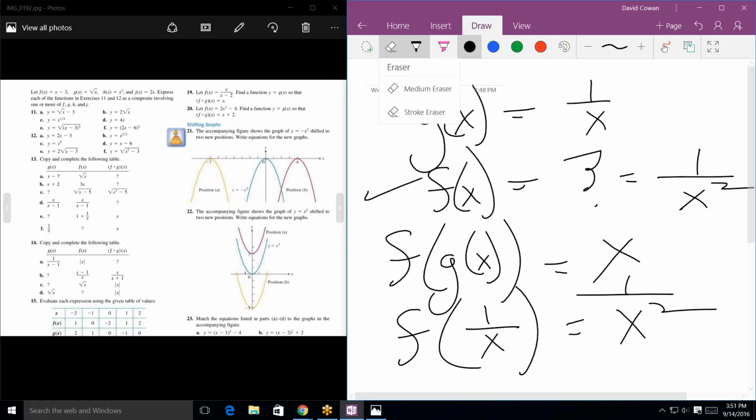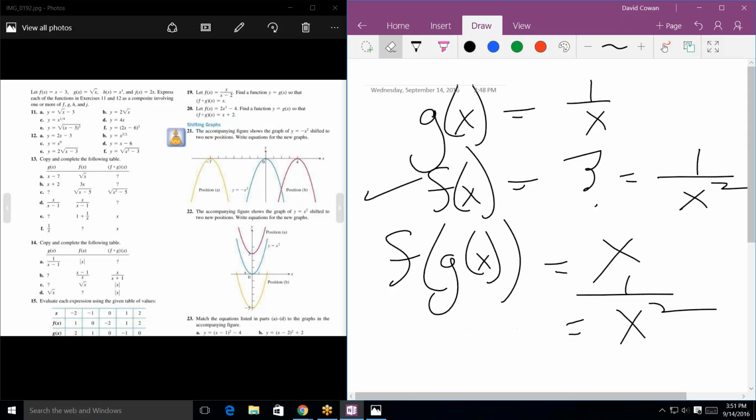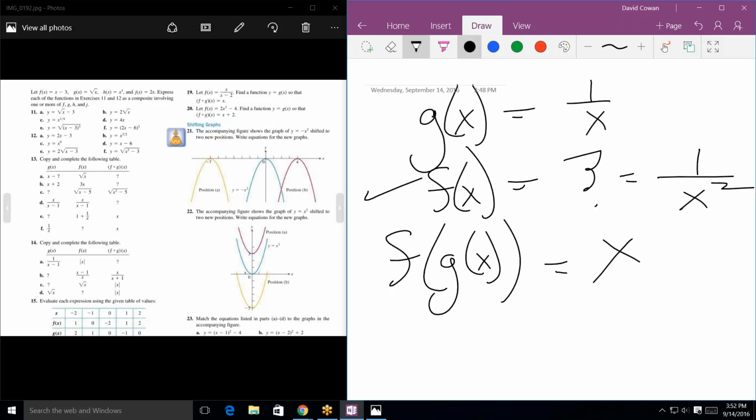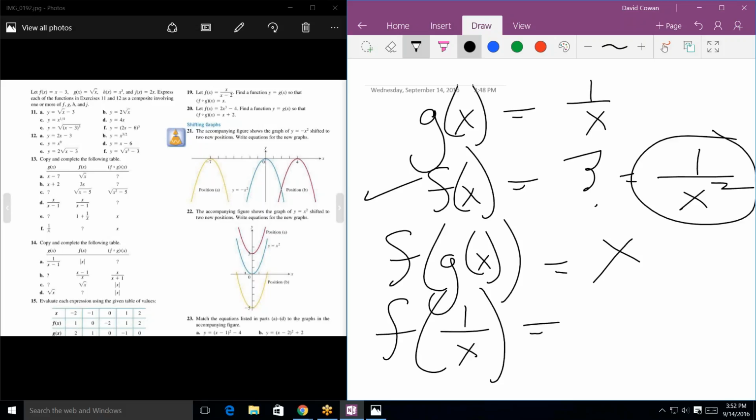Again, it's a little bit of a trial and error process. If we assume this is the answer for f of x, then is f of 1 over x indeed equal to x? Is that a true statement?